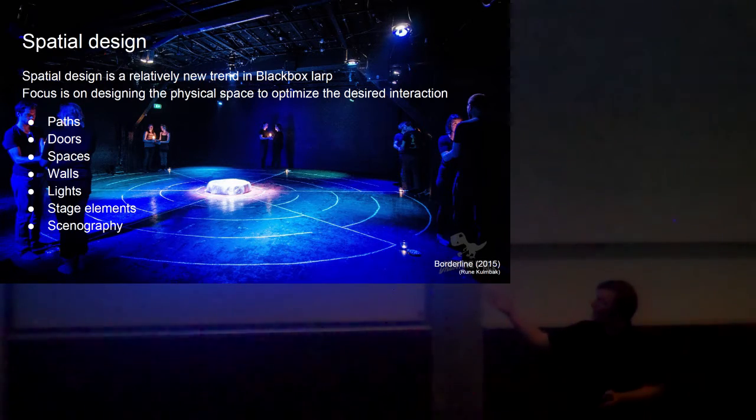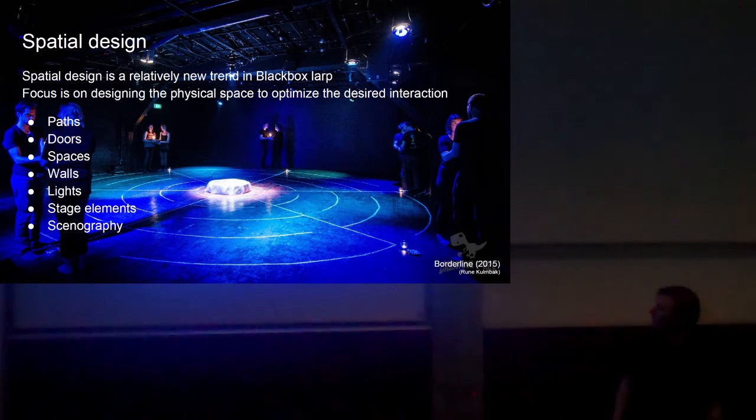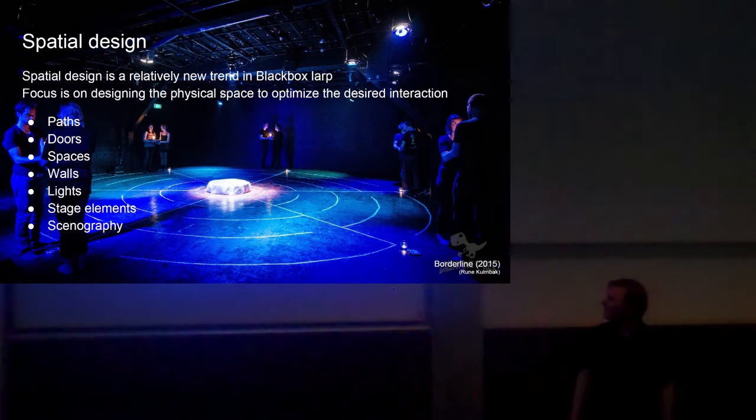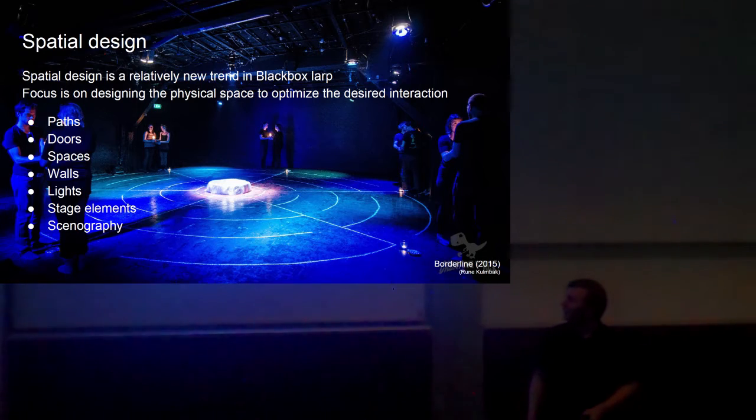But as you can see here in this picture, there are some wide lines and here and there are empty spaces or holes in those wide lines, which will mean this is a door. You can walk here and not over the lines. Spaces where people meet.